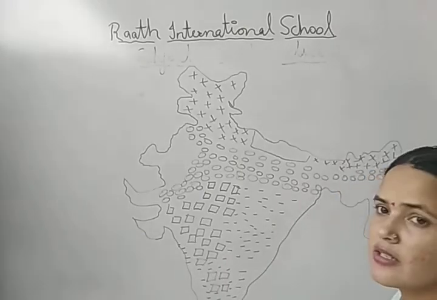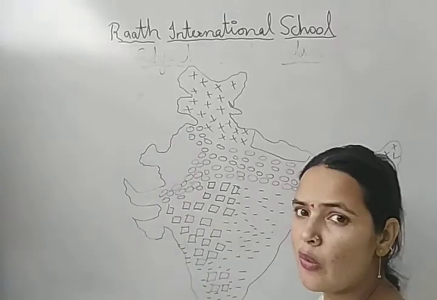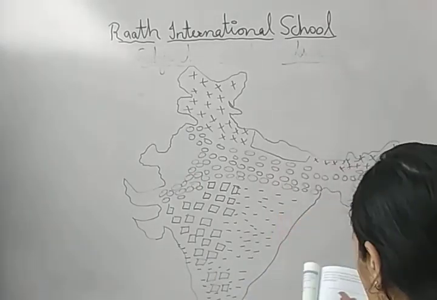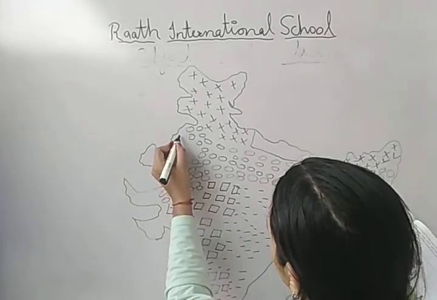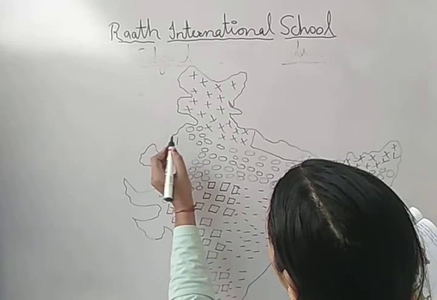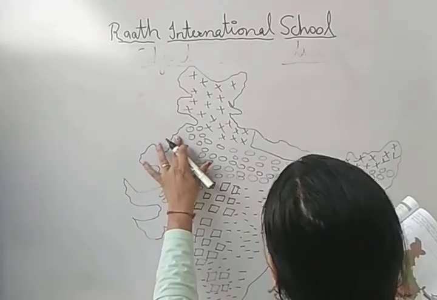After that, desert soil. So desert soil is found in the western part of our country. So here is the desert soil. So which symbol?